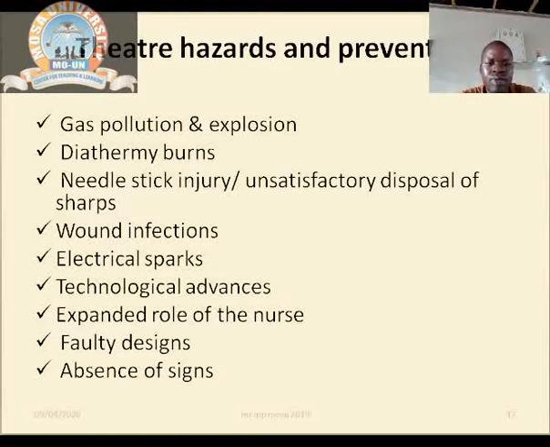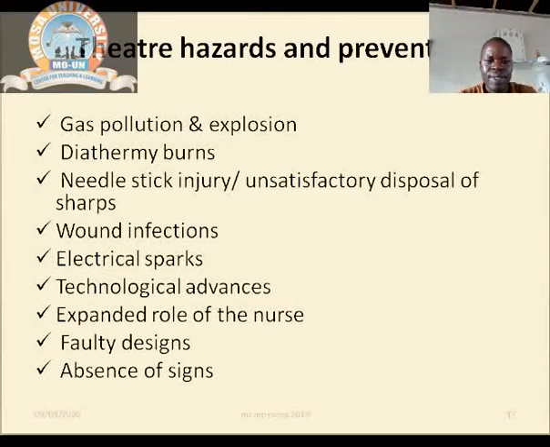Also what we call electrical sparks. Electrical sparks can be real in theater if our electrical circuits are not well handled. So we need to ensure and report all naked cables to the workshop department to come and work on them so that we prevent electrical sparks.